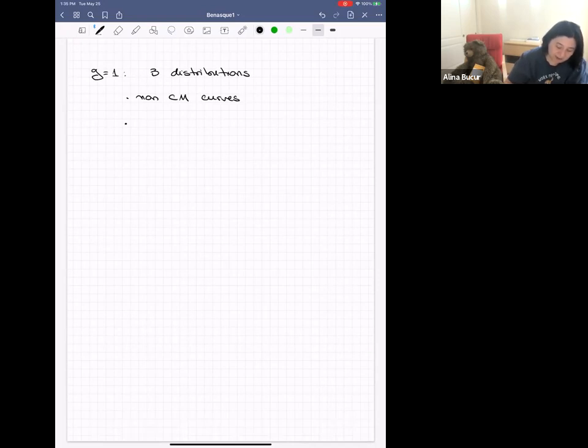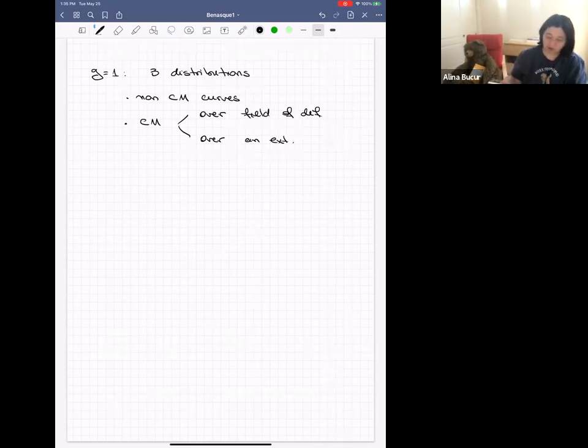And then there are 2 for CM, either CM over the field of definition or CM over a quadratic extension of the field of definition. So those are the 3 possible distributions, and the Sato-Tate groups for this would be SU2, SO2, and the normalizer of SO2 inside of SU2. So there are only 3 cases.